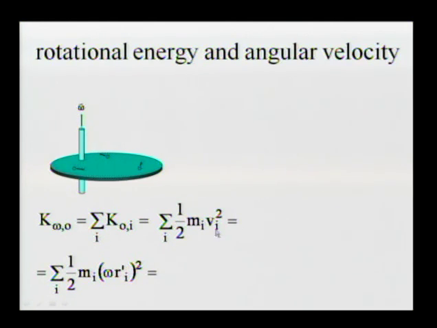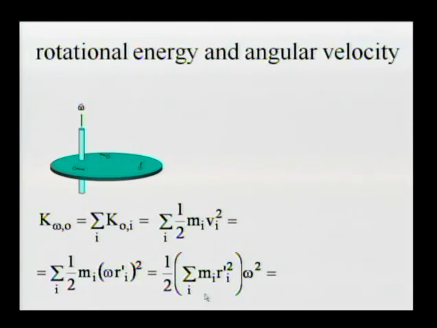So the speed of the ith particle is the magnitude of angular velocity multiplied by the distance from the axis to the particle. The further the particle, the faster it moves. Because it's a rigid body, all particles move with the same angular velocity, so I can take the magnitude of angular velocity outside of the summation.